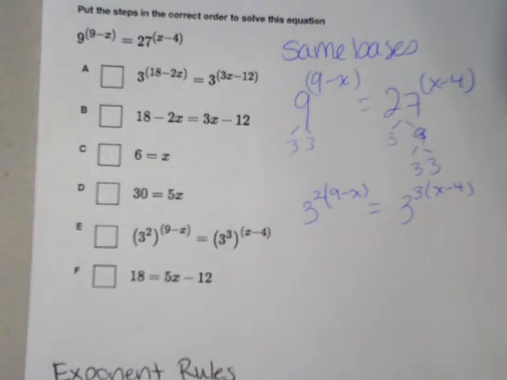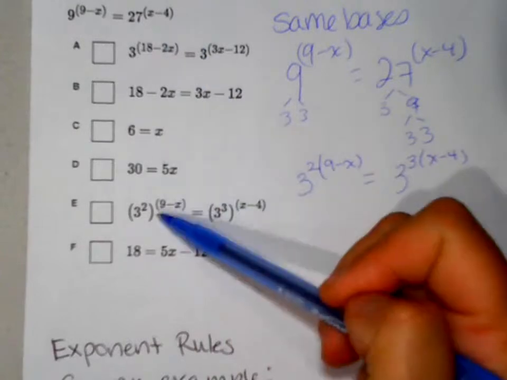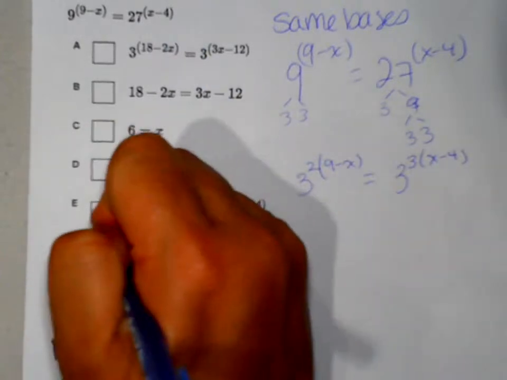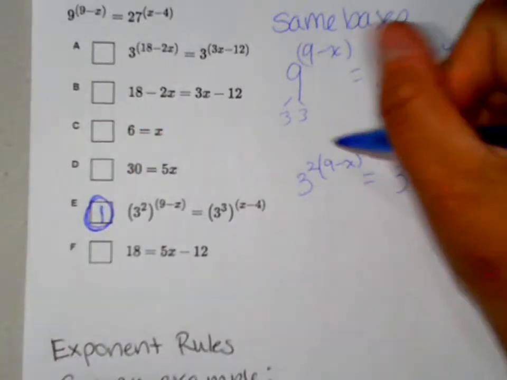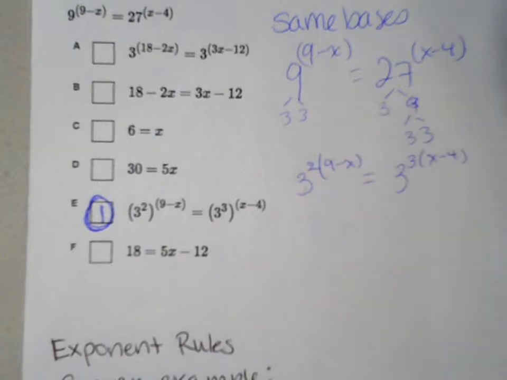Looking at this, to go from here to here, this is the first thing that they did. They squared it and they got that. So that's the first thing they did. The second thing they did is once these are here, you can distribute those.